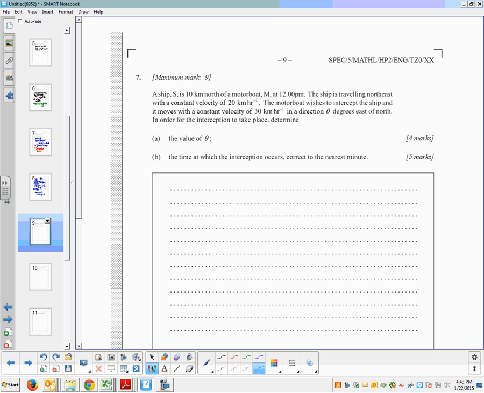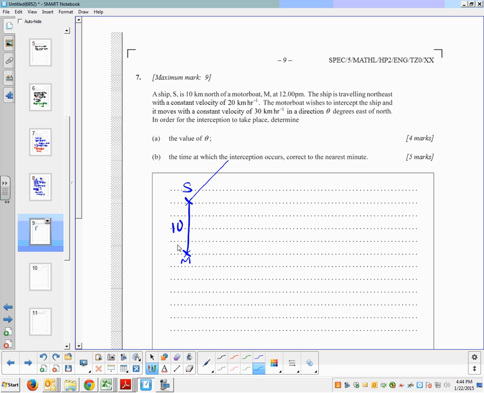Question 7, another kinematics question. A ship S is 10 kilometers north of a motorboat M at 12 p.m. So that's 10 kilometers. Ship is traveling northeast.